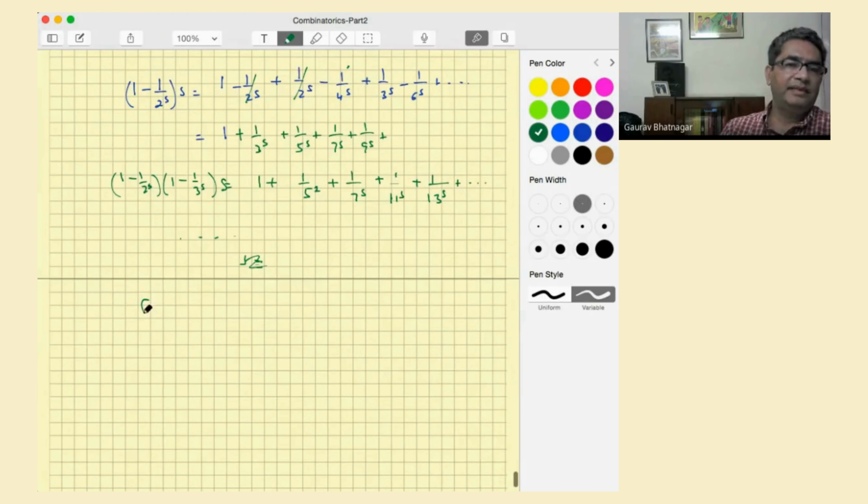So the product of 1 over 1 minus 1 over 3 raised to s, and so on.